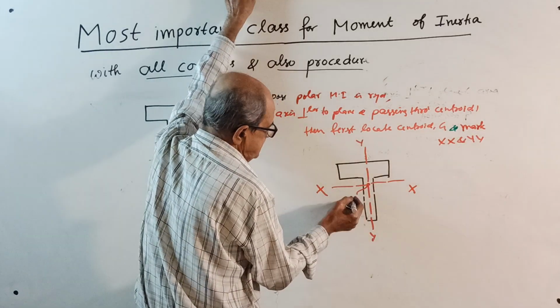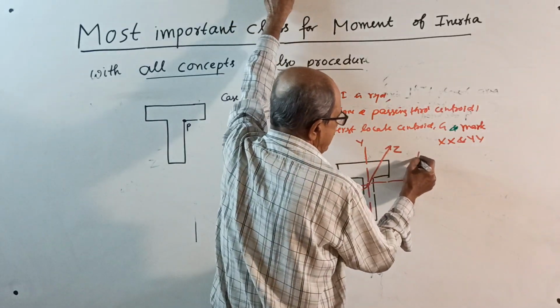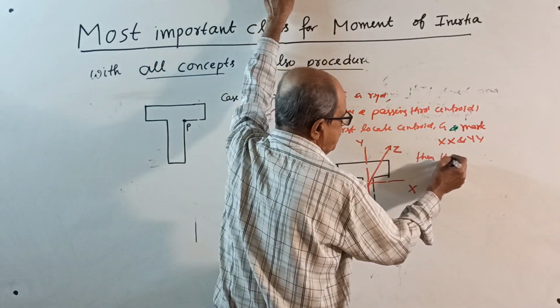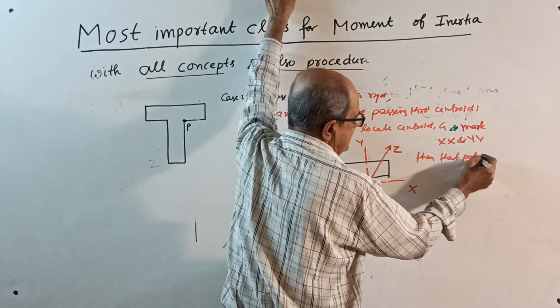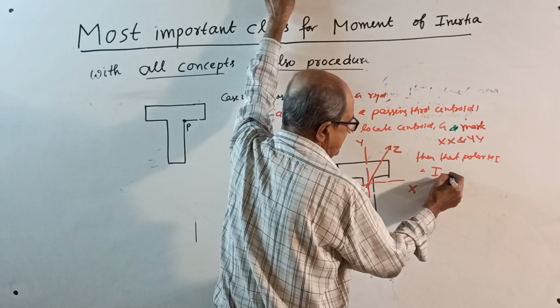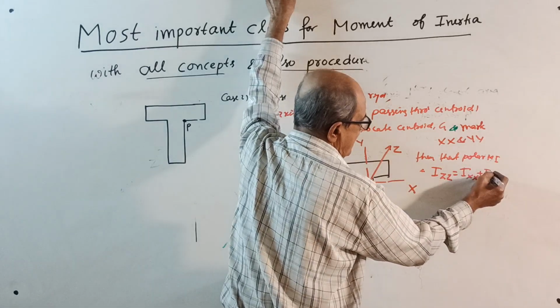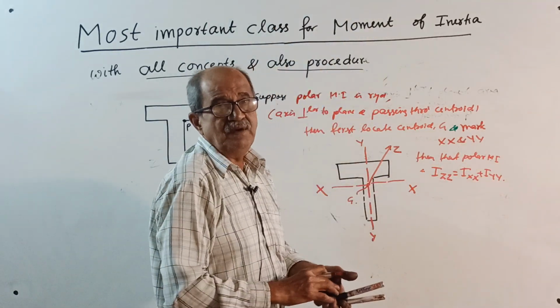This is centroid G. Then see Z axis. Then that polar moment of inertia, that is IZZ equals IXX plus IYY. That way find it.